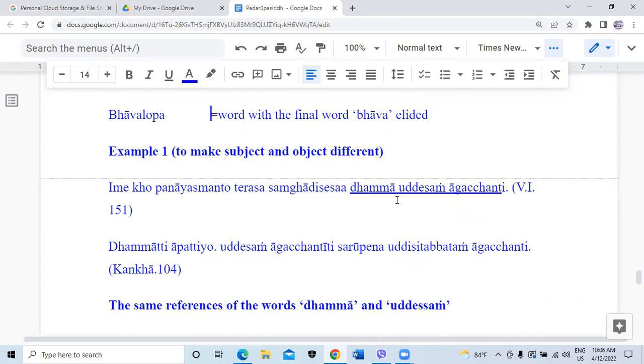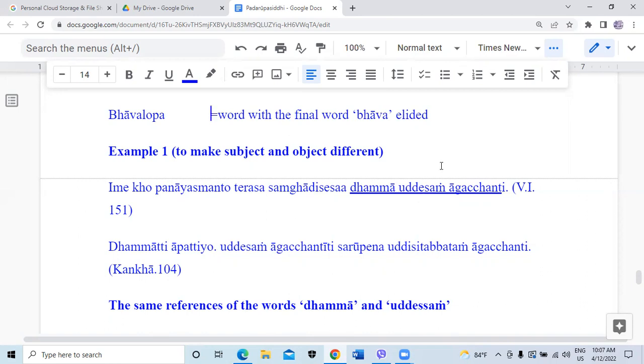If we don't see the word Bhava after the word uddesa, we would translate it as just being recited. So that means these 13 Sanghadisesa are recited, simply to say recited.